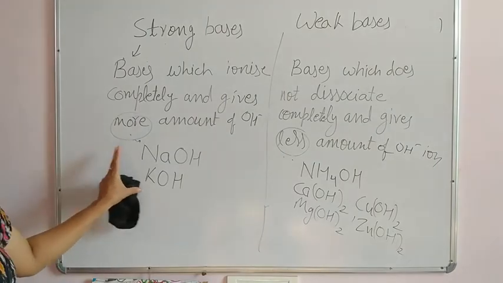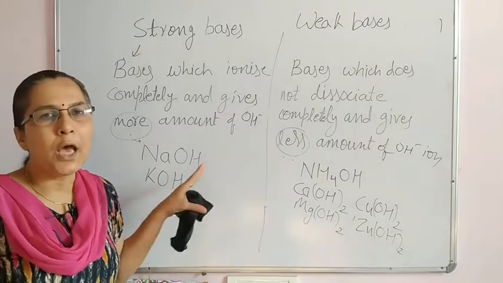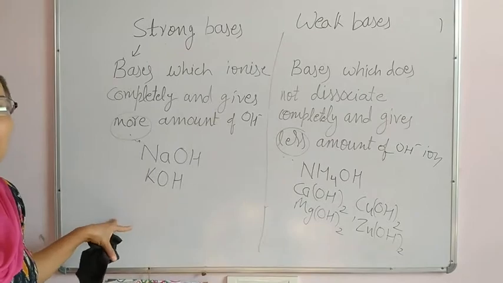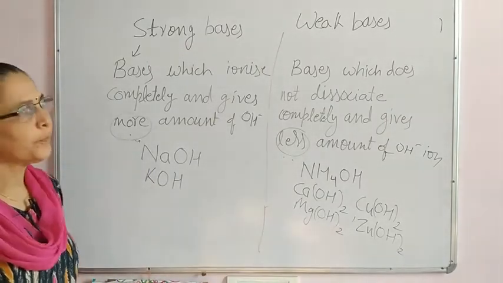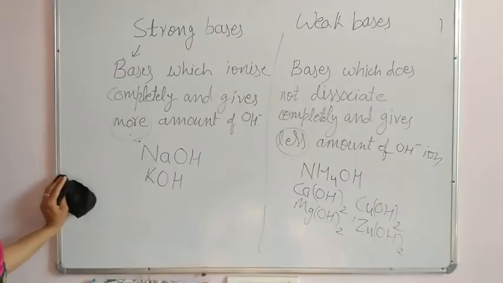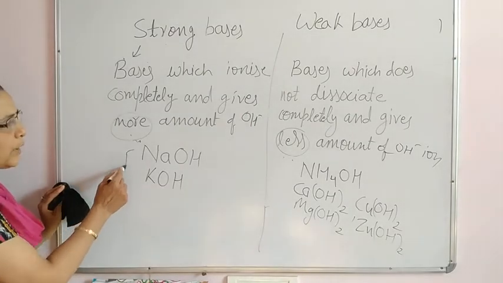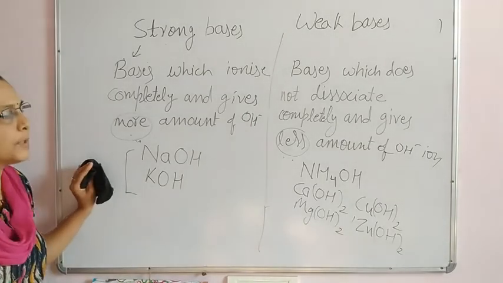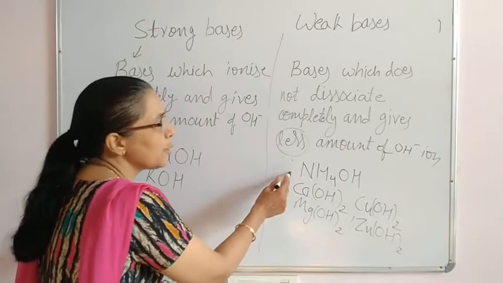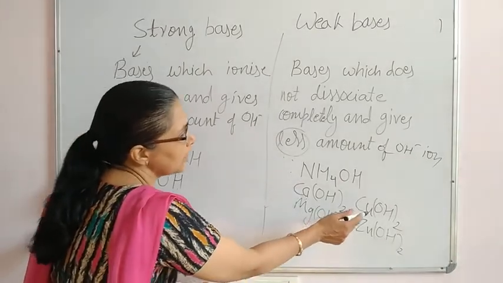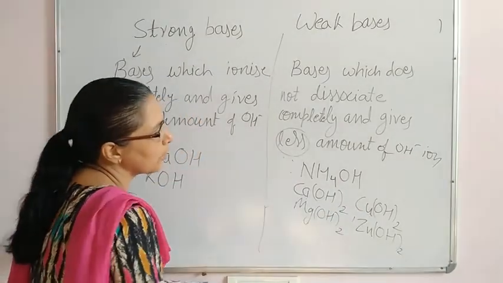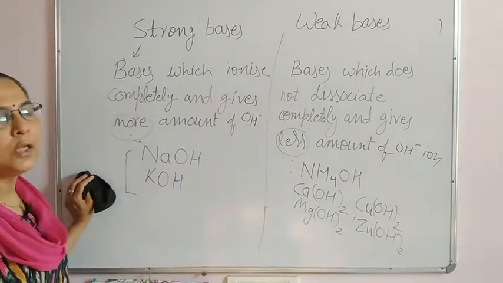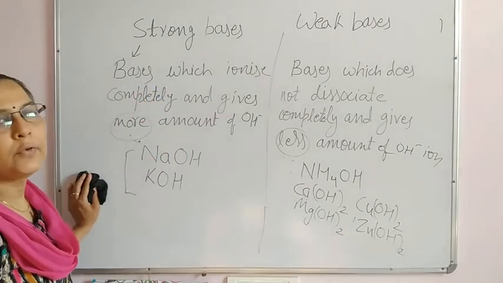So you need to learn the table of acids and bases which are stronger and which are weaker. Again, I am revising that NaOH, KOH are strong bases, and NH4OH, calcium hydroxide, copper hydroxide, magnesium hydroxide, zinc hydroxide, these all are weak bases.